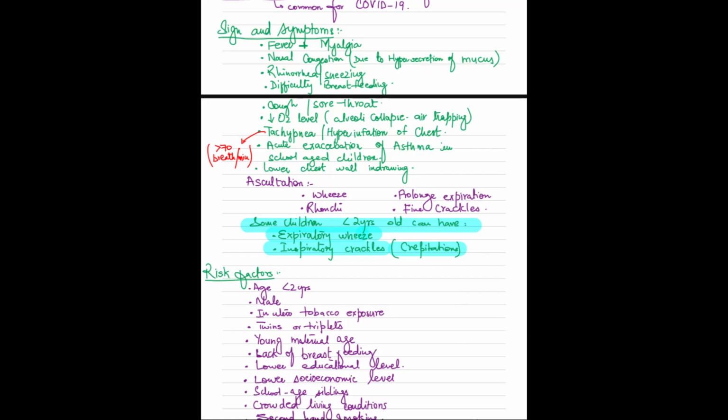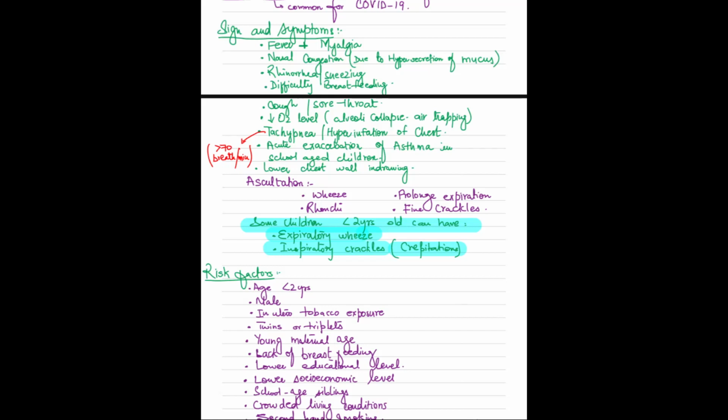Now, let's come to the severe symptoms. Decreased oxygen level, that means less than 90%, because the alveoli are collapsing due to this infection. RSV is also lower respiratory, and air is being trapped and the exchange of air with the blood is not happening, so that's why the oxygen level is decreasing.